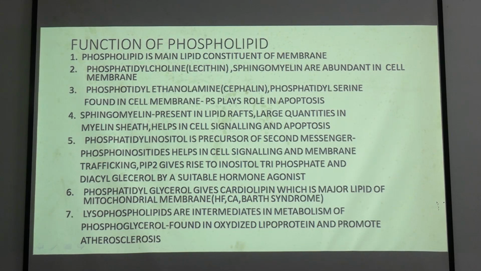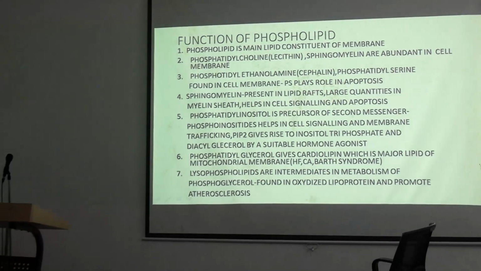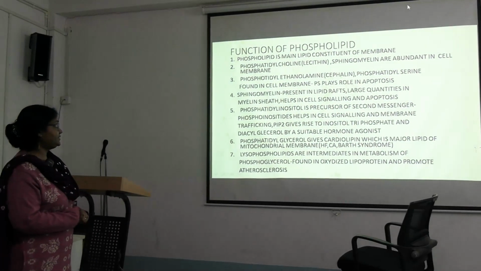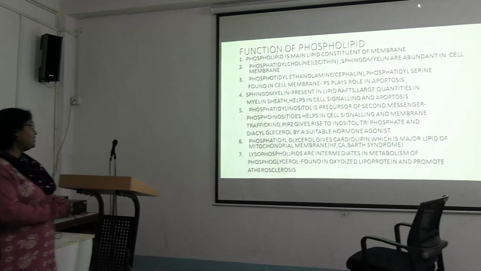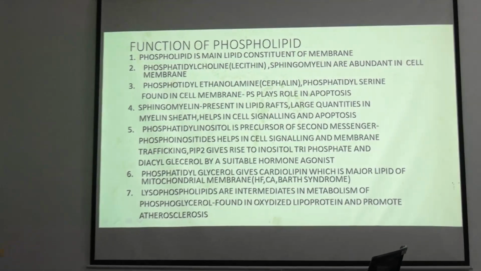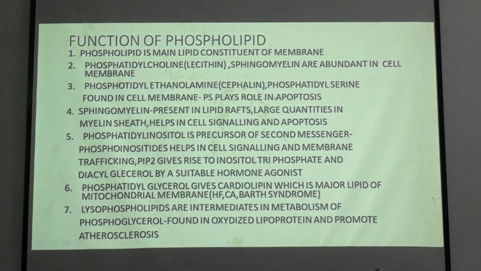Phosphatidylethanolamine, or cephalin. Phosphatidylserine is also found in cell membrane. Here you have to remember phosphatidylserine plays a role in apoptosis, or programmed cell death. Sphingomyelin is present in lipid rafts. What are lipid rafts?